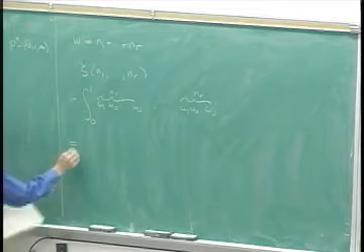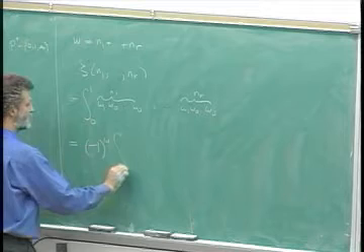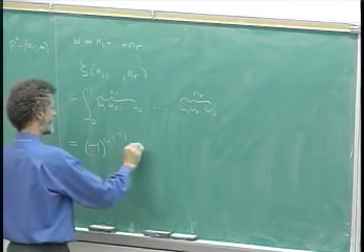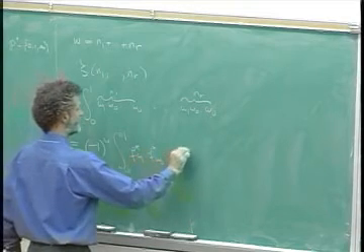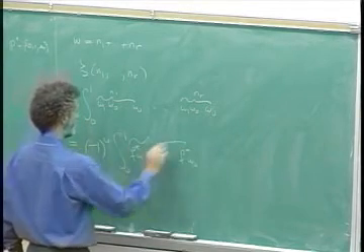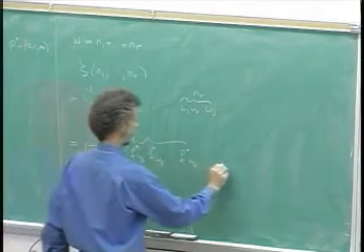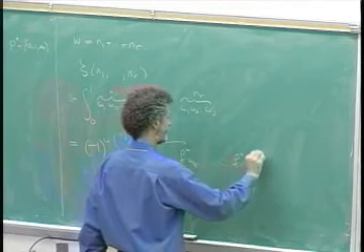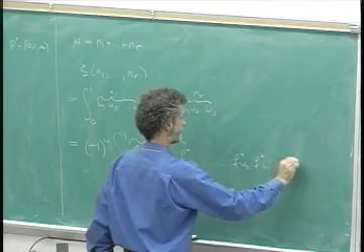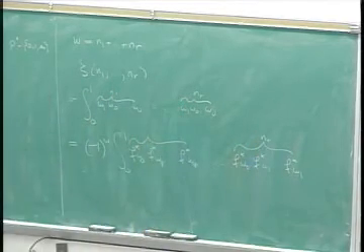Now we can write this as minus 1 to the weight times the integral from 0 to 1 of f star omega 1, f star omega 0, and so on. All I did is use this relation that f star swaps omega 1 and omega 0.